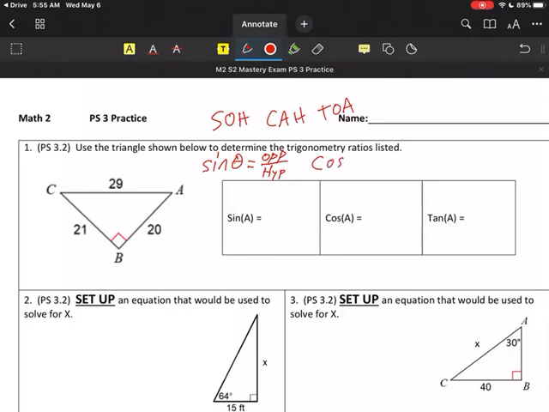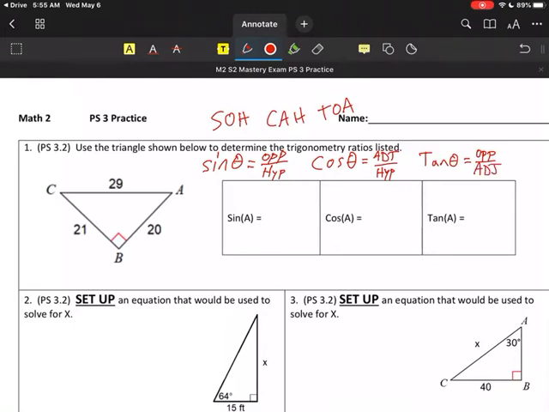Cosine of the angle equals adjacent over hypotenuse. And tangent of the angle is opposite over adjacent.